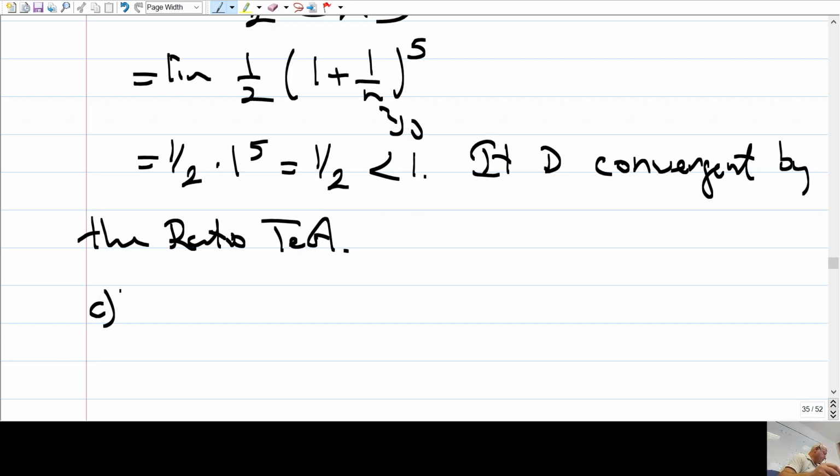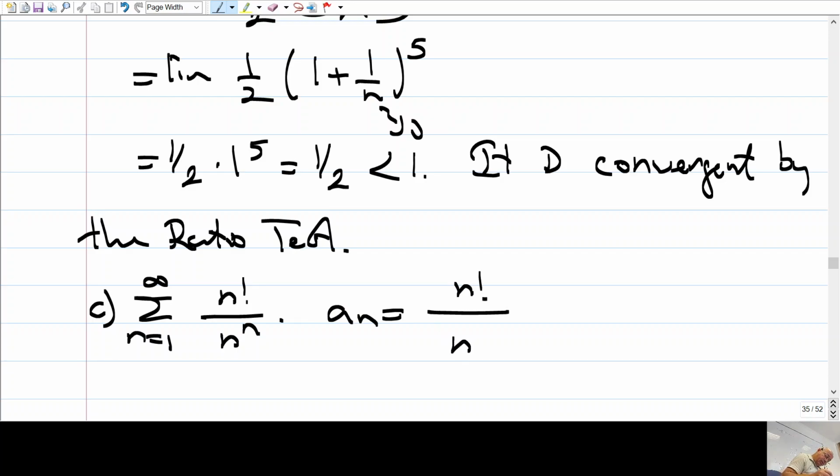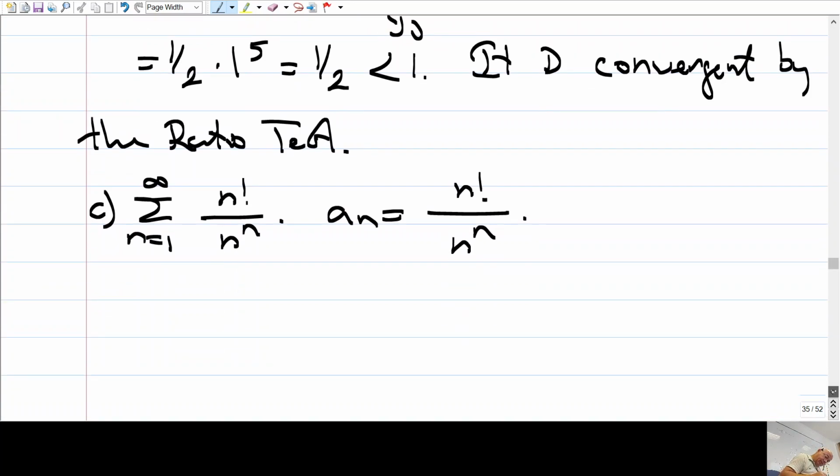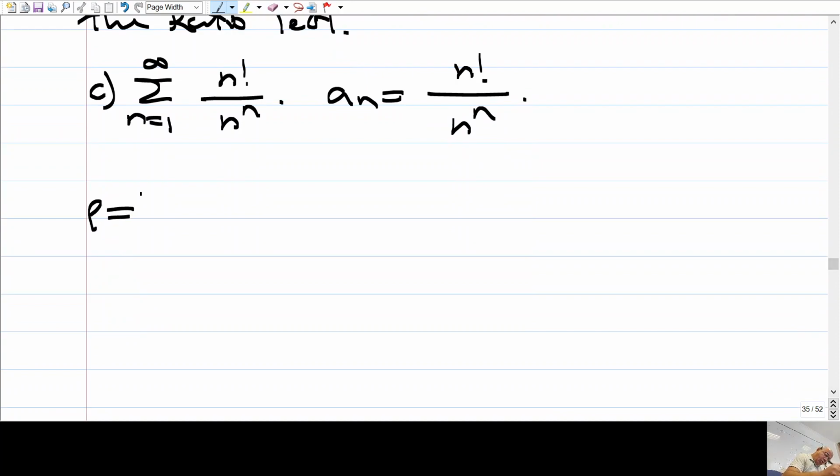Third one was n factorial divided by n to the power n. So a_n is just n factorial divided by n to the power n. So what is rho? The limit of a_(n+1) over a_n.